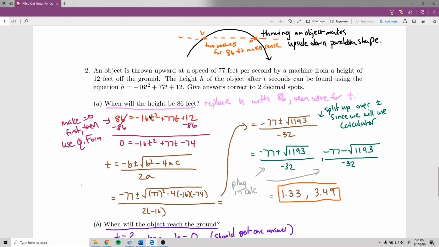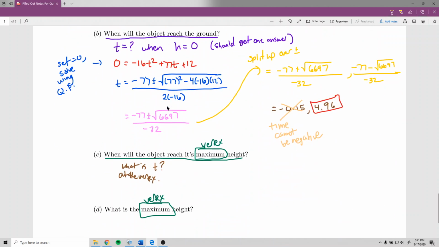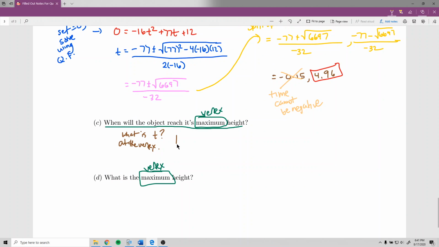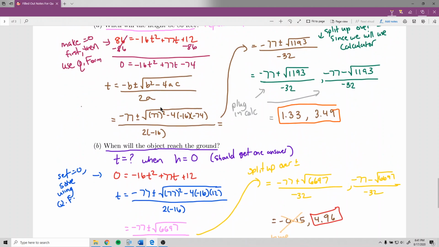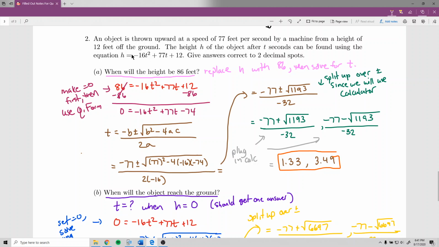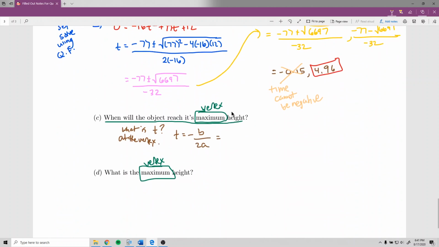Well, if we scroll up to our equation, t is in the place of x, so it's really telling us to plug in that formula for the x of the vertex to find the maximum height and when it happens. We got t equals negative b over 2a, our vertex formula. b is 77 and a is negative 16.